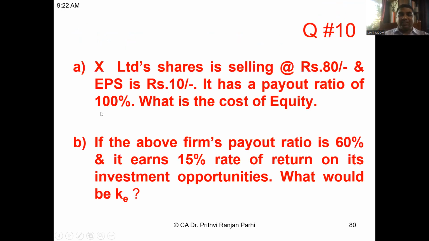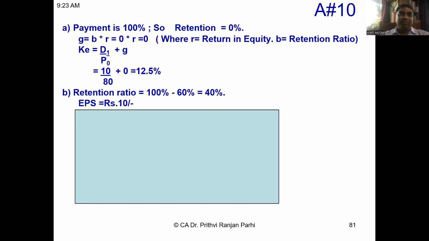It says EPS is 10 and 100% is distributed to be paid. That means the dividend is rupees 10 and the price is 80. So D1 by P0 is 10 by 80. Growth is 0. So the cost of equity is 12.5% as computed. Hope you are understanding.